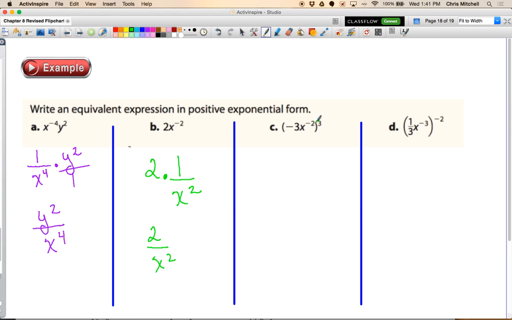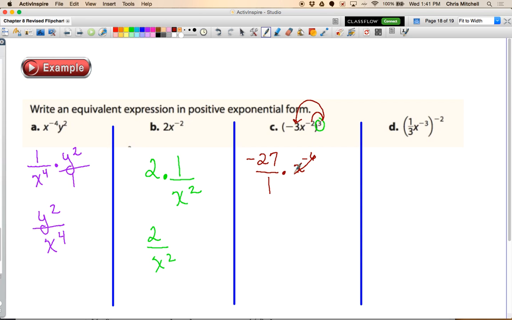Here's the next one. All right, we have to raise everything inside to the third power. I know that negative 3 to the third power is negative 27. Yes, it is. It is negative 27. And then I am going to put it over 1, times, this will give me x to the negative 6.